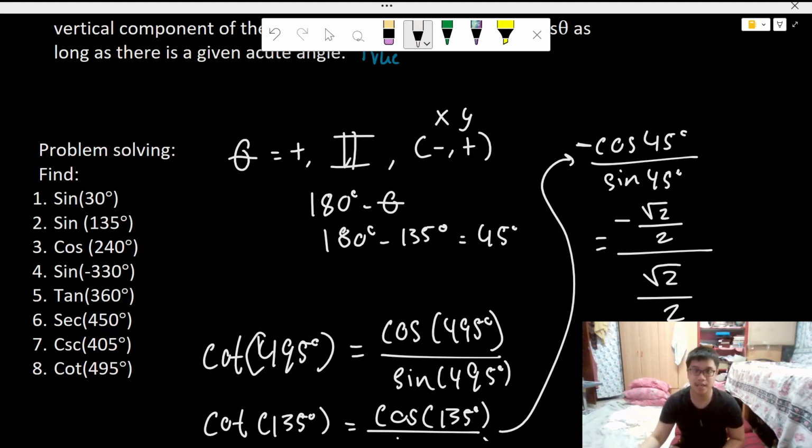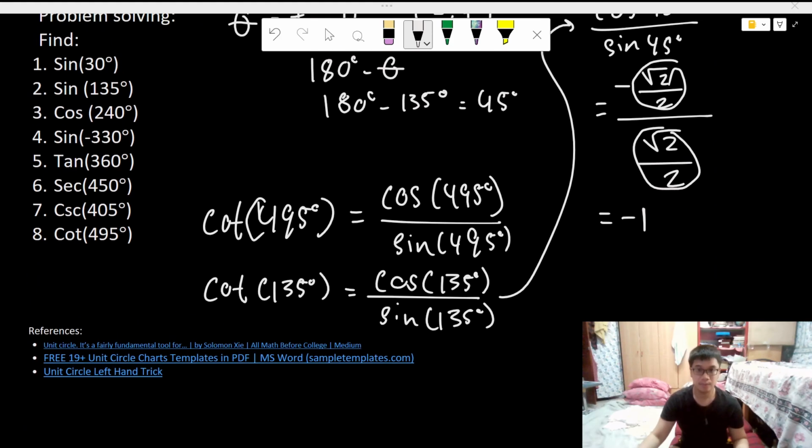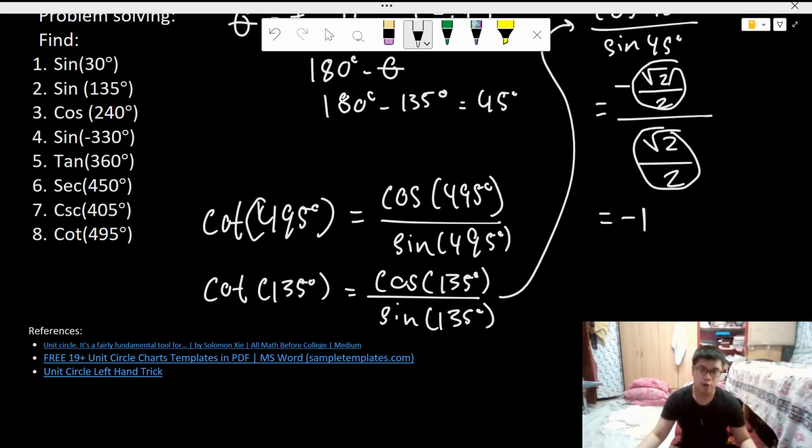All right? Because you see, you have the same value numerically speaking, square root of 2 all over 2 above and below. But on the numerator, we have a negative sign.